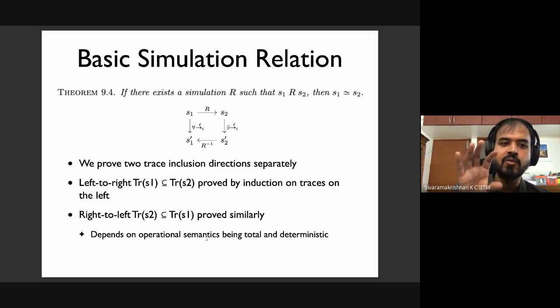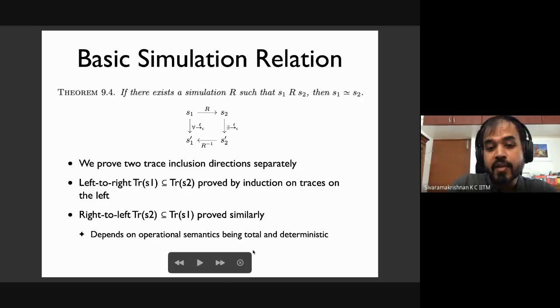If you can write down a particular program in our language, then at every step you can always take a step, until you get to a value. If you think about it, it's an interesting property, right? Even without types, we are actually proving that we will never get stuck. We depend on that here. We will actually prove that our semantics is total and that our semantics is deterministic.